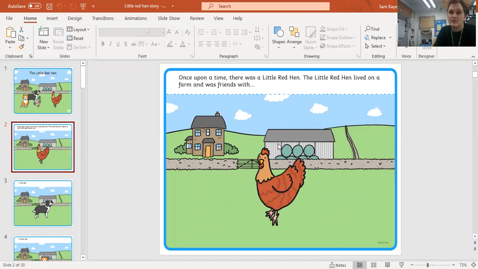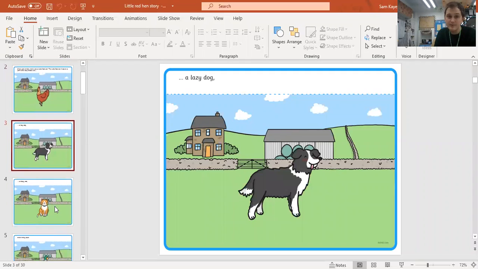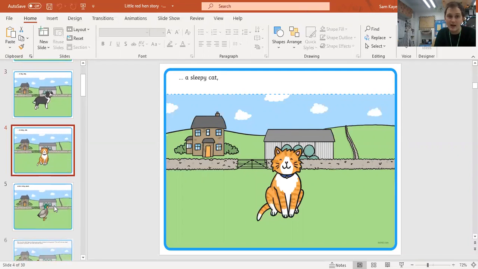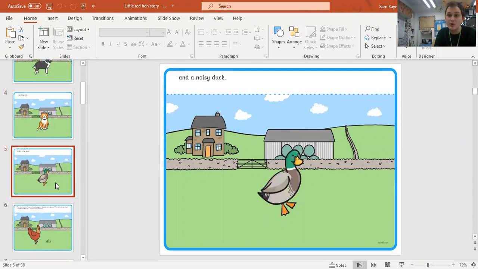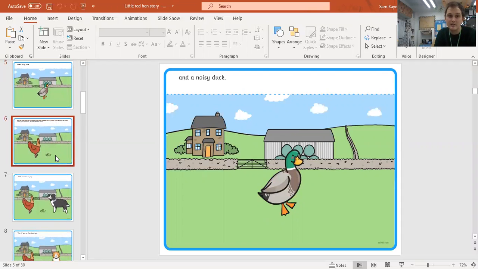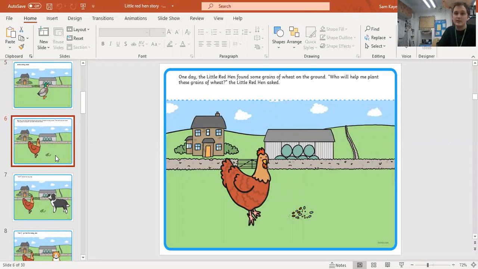Once upon a time, there was a little red hen. The little red hen lived on a farm and was friends with a lazy dog, a sleepy cat, and a noisy duck. One day, the little red hen found some grains of wheat on the ground.